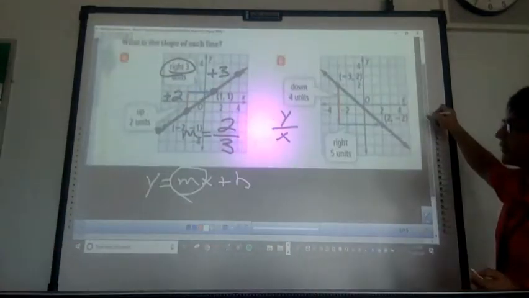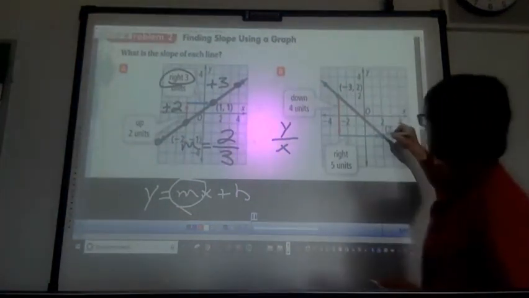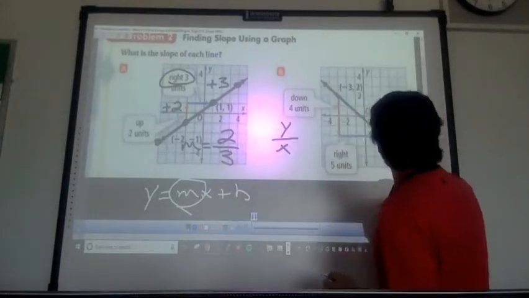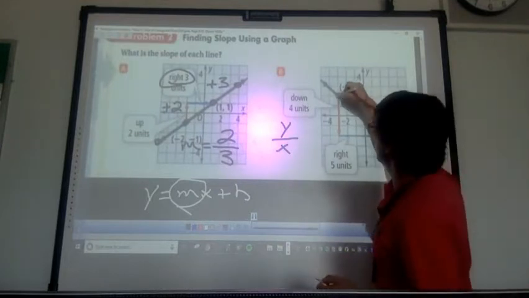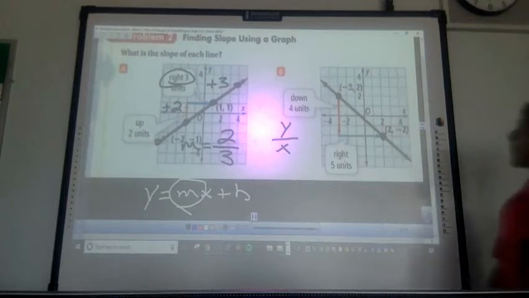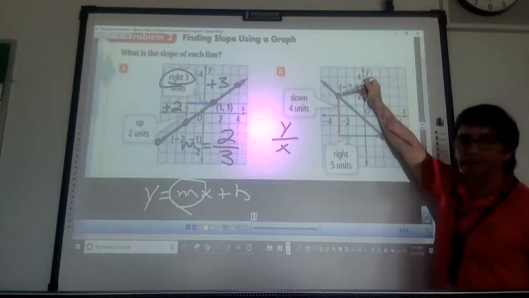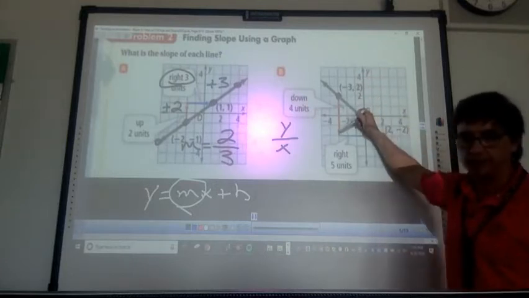So going over to this other graph, this ordered pair down here, that's not a great color. 2, -2. This ordered pair up here, -3, +2. So they started at this top point, and they went down 4 units.